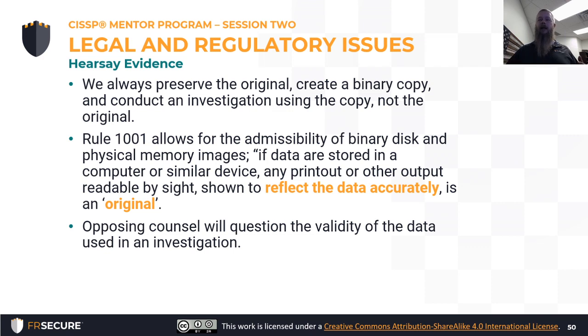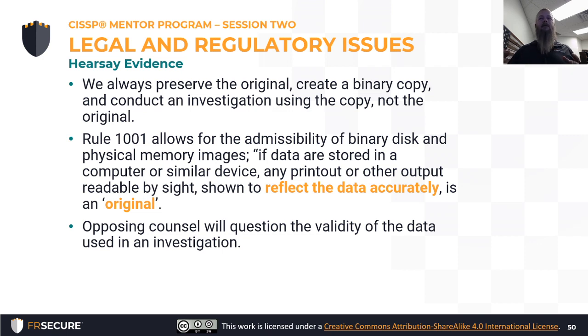Rule 1001 allows you to create a binary image of that disk, or whatever the data is, and conduct your investigation on that. Now you'll need to provide evidence that the binary image is in fact an image of the original, and we would use checksums and things like that.